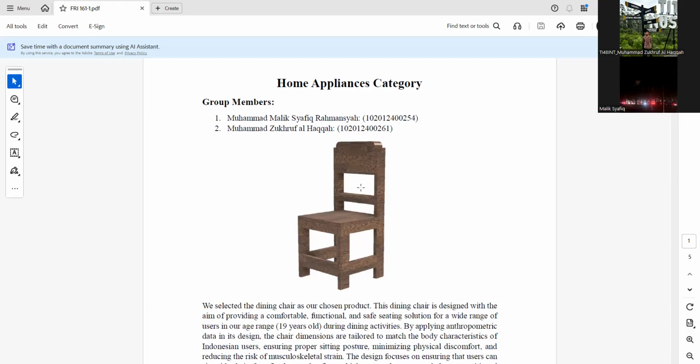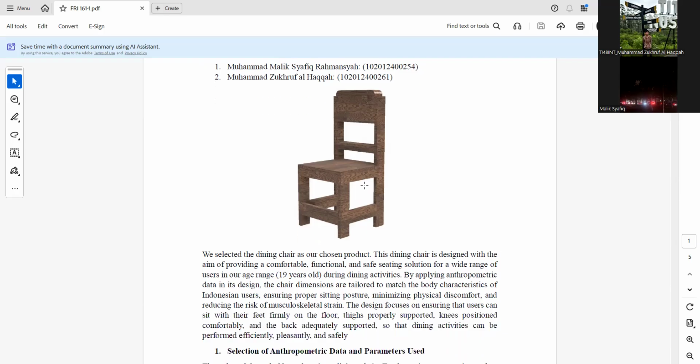The chair is designed for use around 19 years old, using Indonesian anthropometric data to ensure proper sitting posture, reduce physical discomfort, and minimize the risk of musculoskeletal problems.